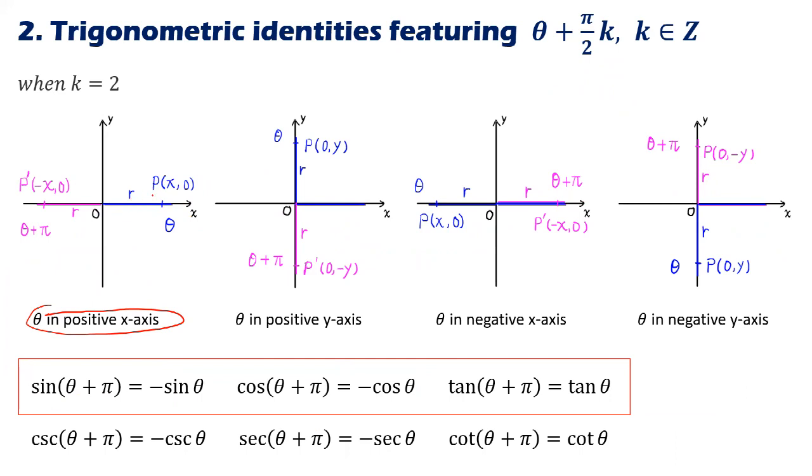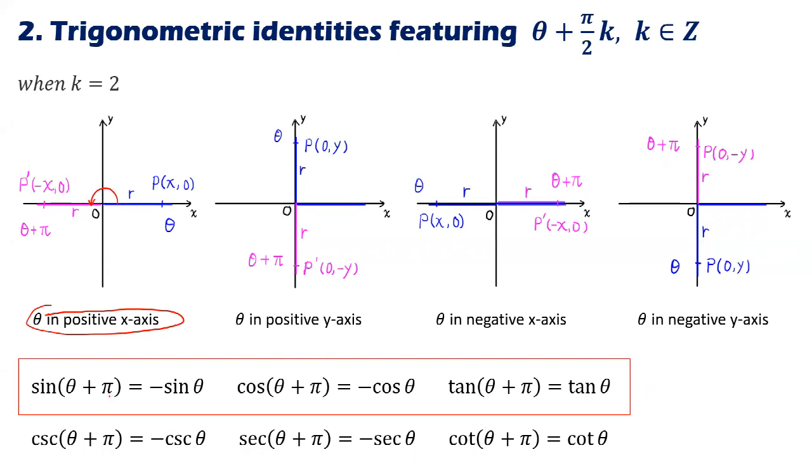So if you have a point P on the terminal side of theta with coordinates x and 0, and you turn this angle another pi counterclockwise, P will come to a position P prime with coordinates minus x, 0, right?